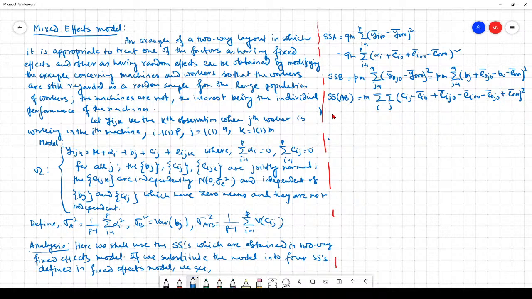And SSE equal to triple summation ijk of (Eijk minus Eij0 bar) whole square.